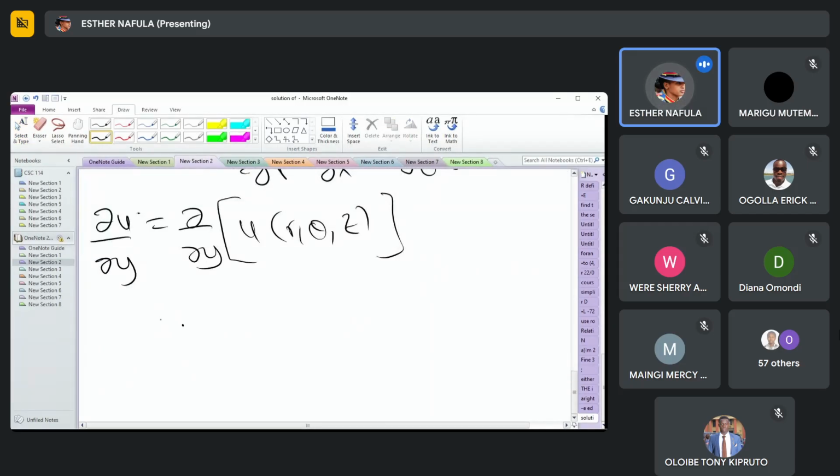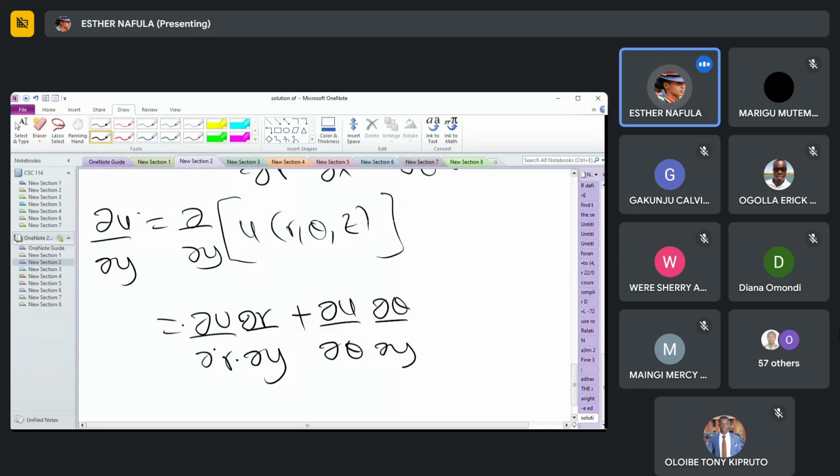This will be given as partial u, partial r, partial r, partial y, plus partial u, partial theta, partial y, plus partial u, partial z, partial y.